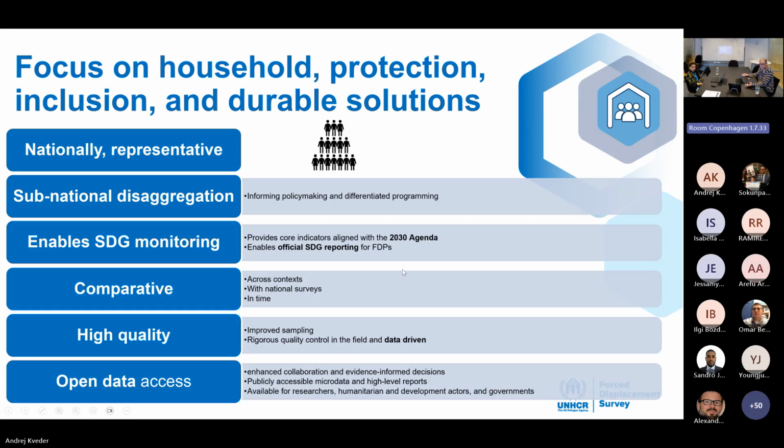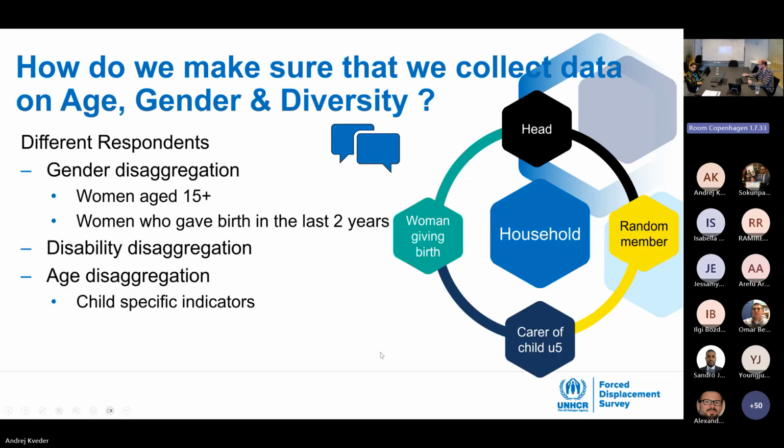It enables most of the crucial SDG monitoring for forcibly displaced. It is comparative in nature, so highly standardized, with a strong emphasis on maintaining high quality of the produced data, and it's openly accessible. All the microdata are openly accessible on our microdata site.